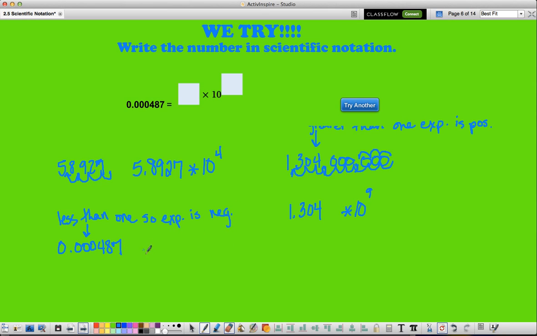So when I turn this into a number that is greater than 1, so 1, 2, 3, 4, I turn this into 4 and 87/100ths. When I take it out of scientific notation, I want it to go back to being a decimal, so I know it has to be a negative, and since I moved it 4 times, it's a negative 4.